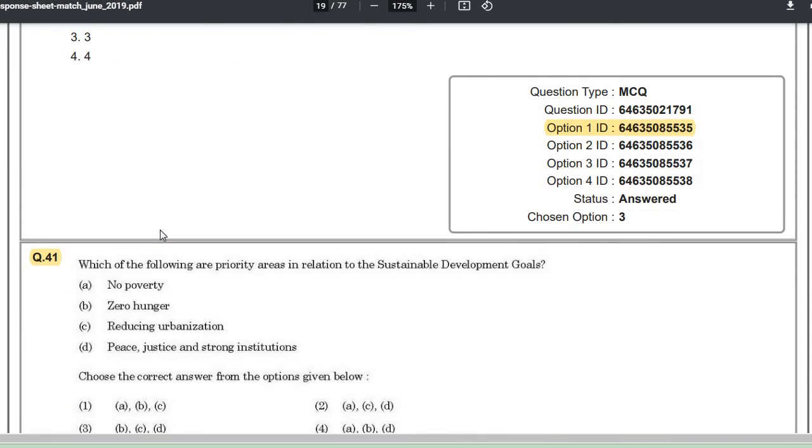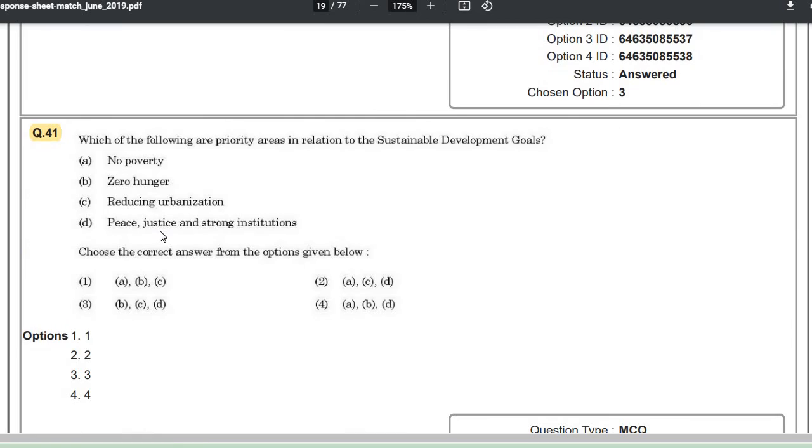Next, coming to question number 41: which of the following are priority areas in relation to the sustainable development goals? No poverty, zero hunger, reducing urbanization, peace, justice, and strong institutions.